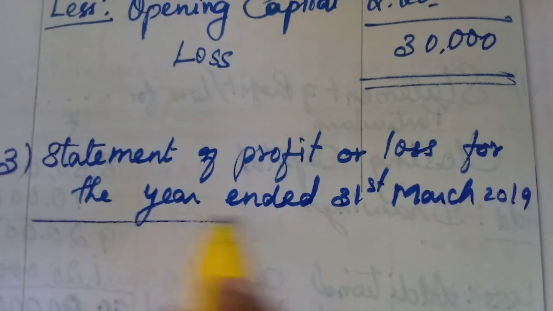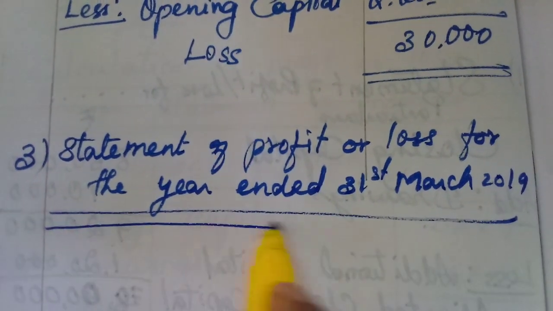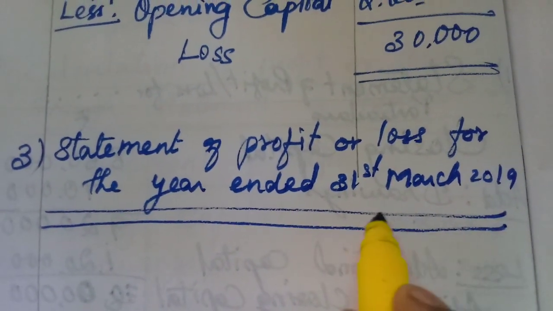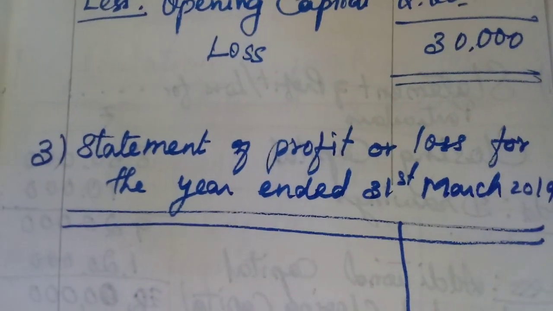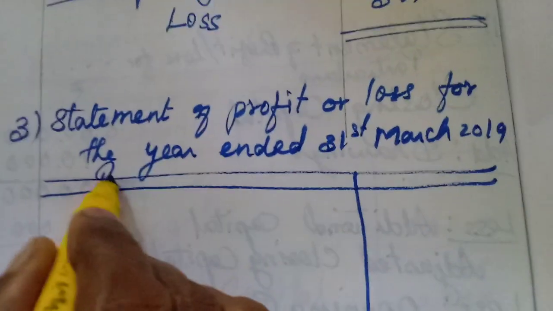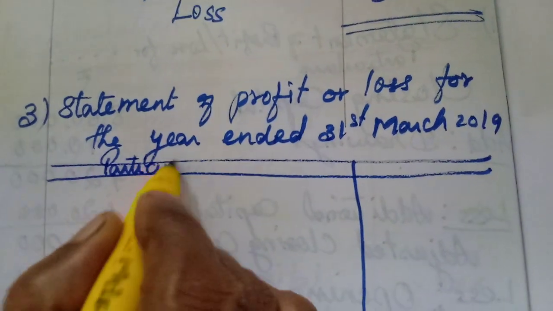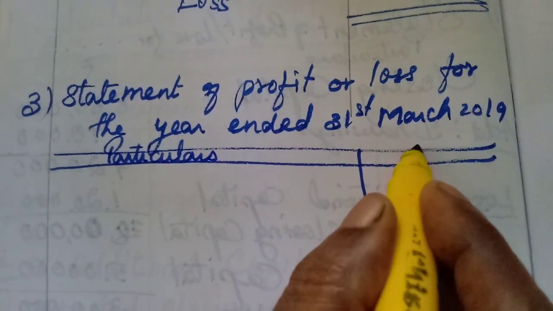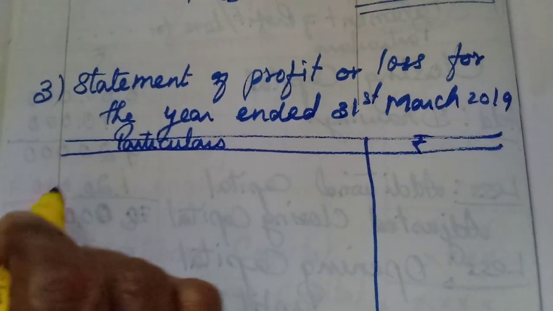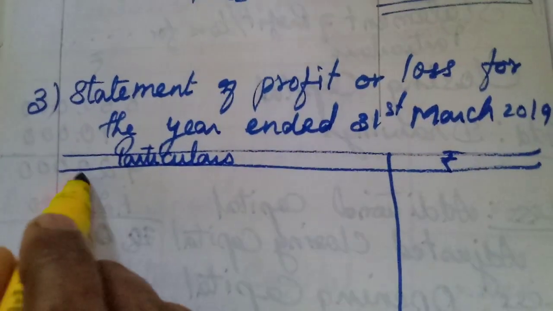You have to draw a line, then draw the amount column. Write the particulars, rupees simple. First you have to write closing capital.